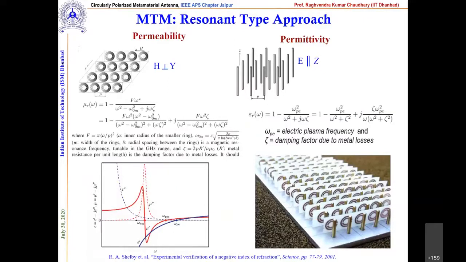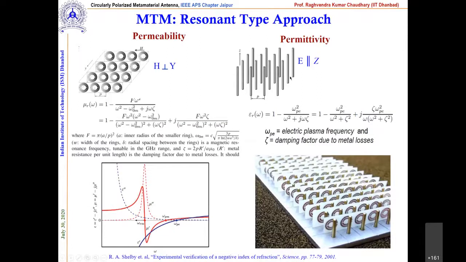So basically Smith initially gave the idea that split-ring resonators and wires could provide the negative mu and negative epsilon, while having E parallel to the wires, correct, and the magnetic field normal to the y-axis, correct.